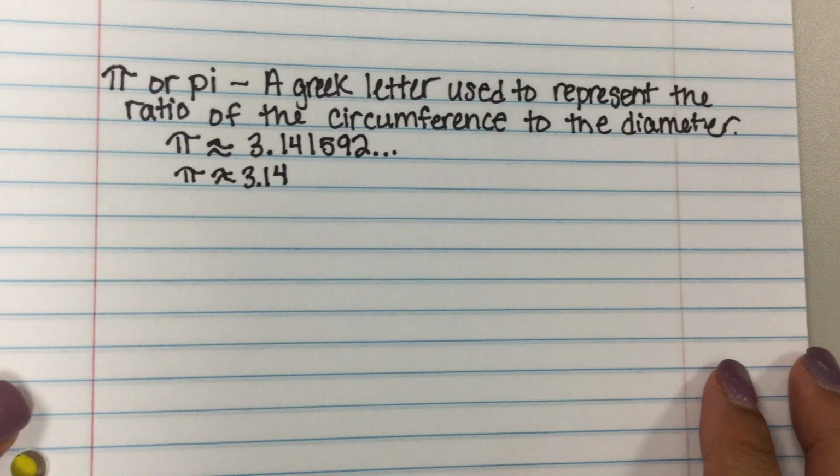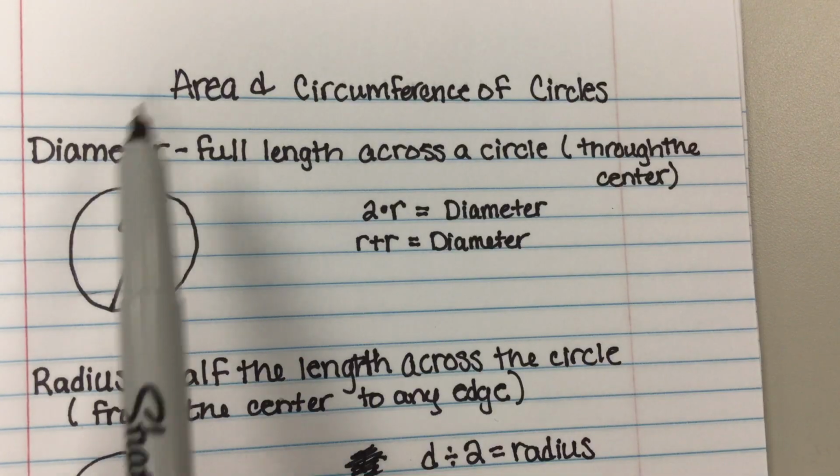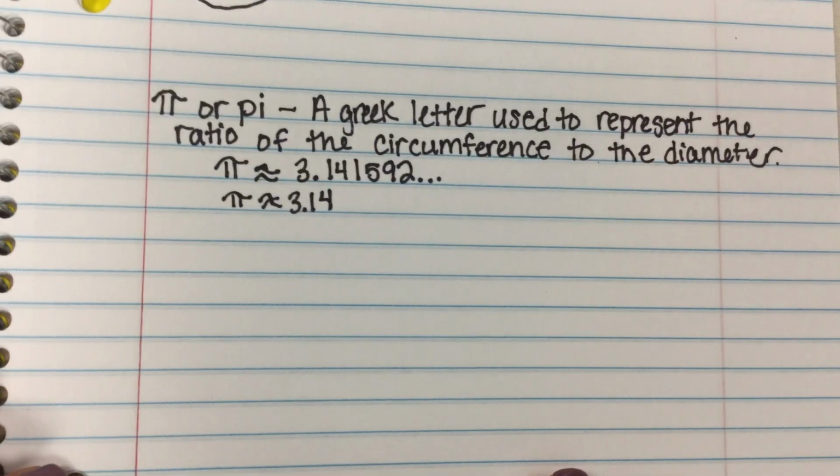Moving on, now our formulas. For these notes, we want to figure out the area and the circumference of circles. Let's start with circumference.